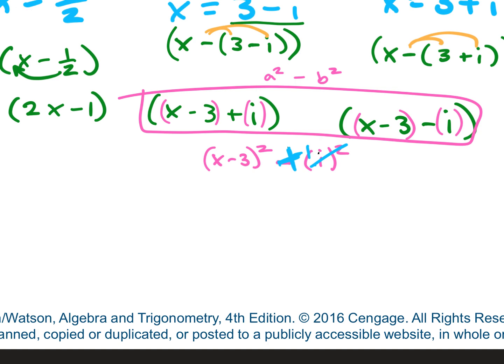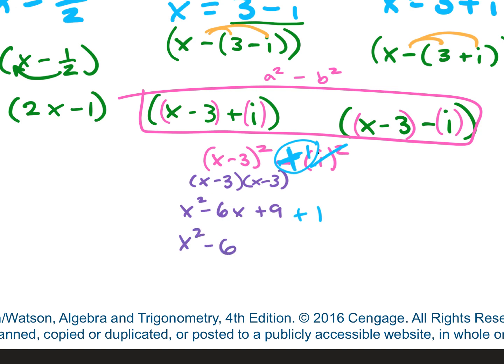We got to write it twice and FOIL it out. x minus 3 times x minus 3. So that gives us x squared minus 6x plus 9 plus 1. That plus 1 that we had from the i. So here we have x squared minus 6x plus 10. Any questions so far? Everybody with me? We all see how we did that?